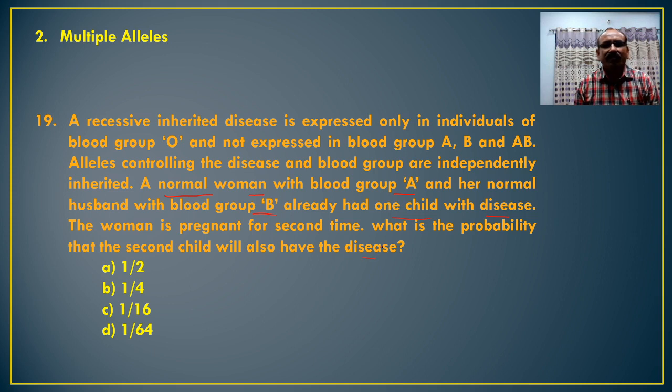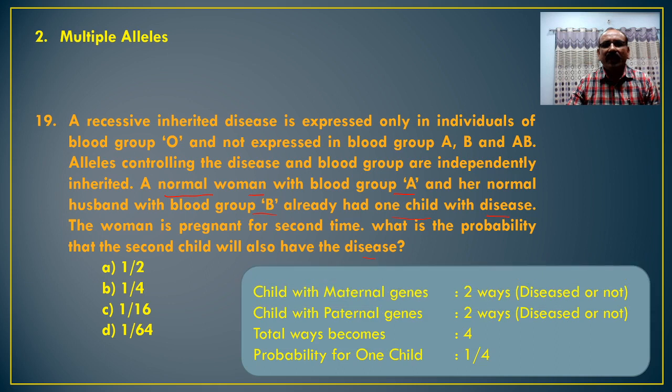Now, the similar condition that we applied earlier applies here also. The child with the maternal genes has two chances, that is the transfer of the disease from the parent to the offspring, it may be the diseased one or it may not be. And the child with the paternal genes also has two ways.